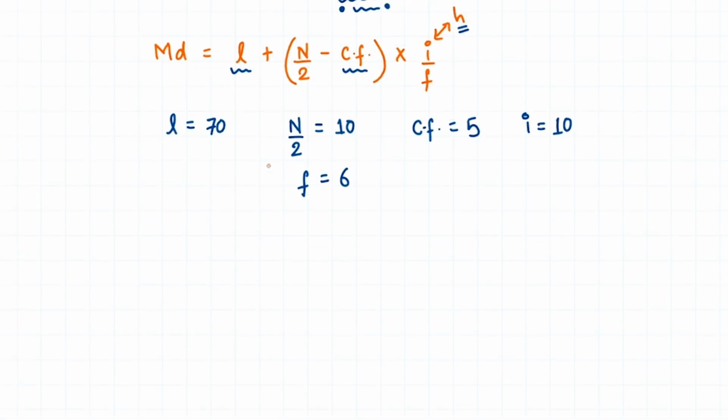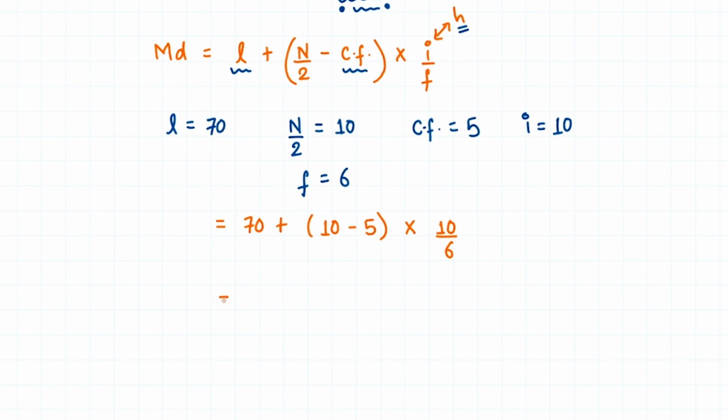Now we know all these values, we can easily find the median, okay? So we have median equals L, which is 70, plus N by 2, which is 10, minus CF, which is 5, bracket closed, times I, which is 10, divided by F, which is 6.